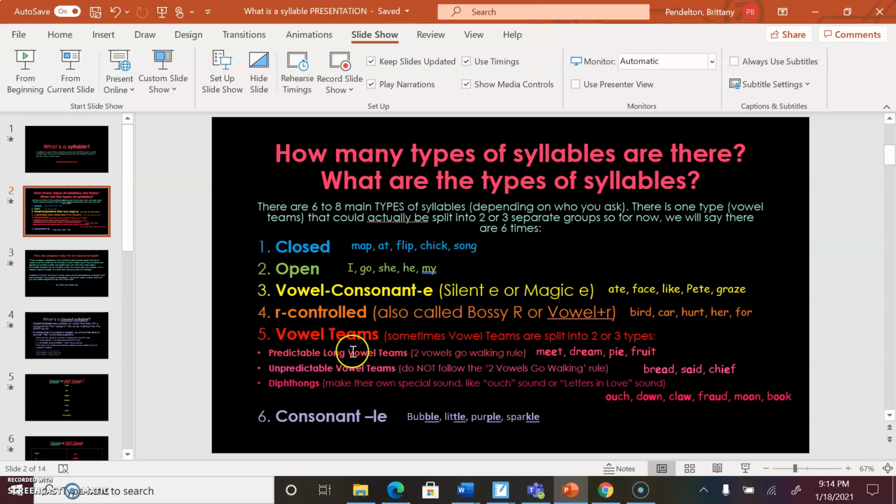And I will also focus later in the video series on how to decode or break apart a multisyllabic word into syllables and then blend those syllables together to read that big, long multisyllabic word. Okay, so today's video will focus on our yellow syllable type here, vowel consonant E.